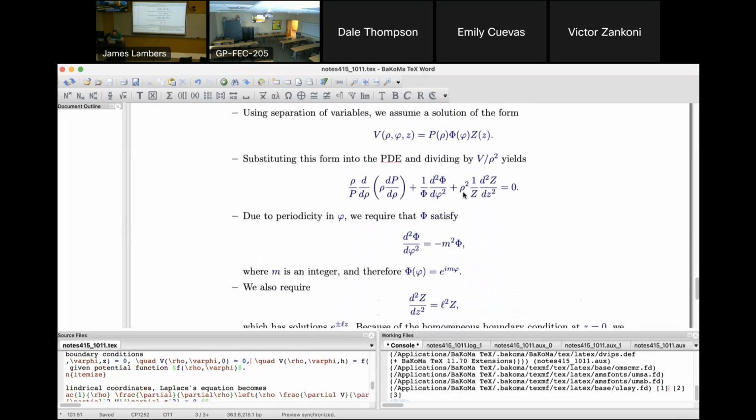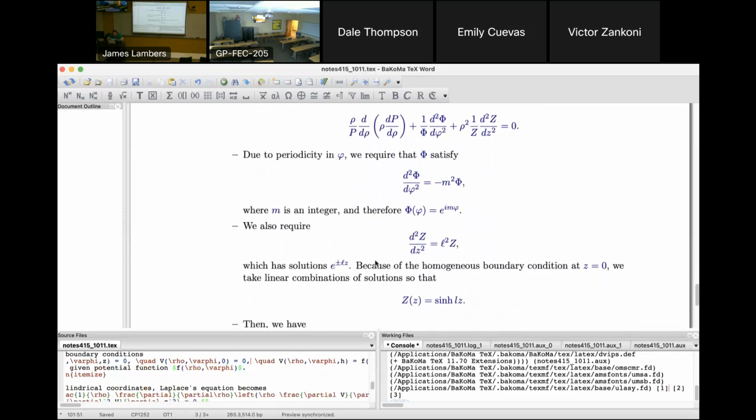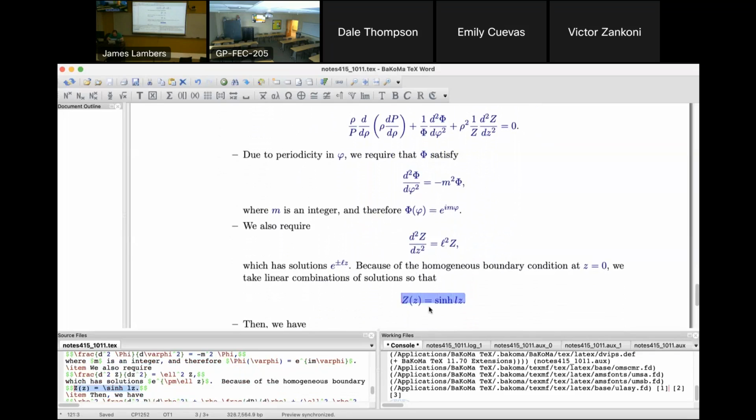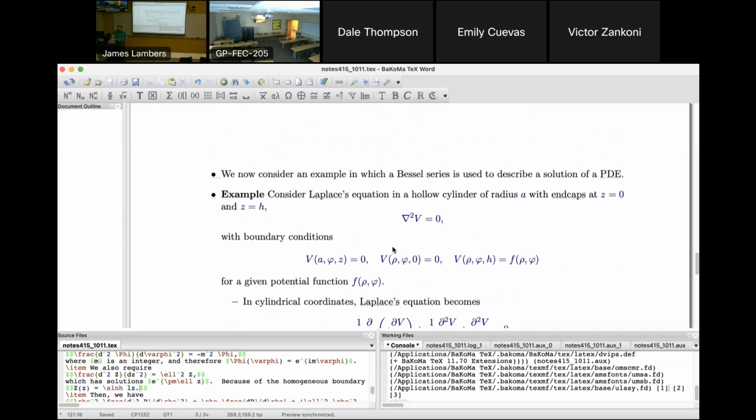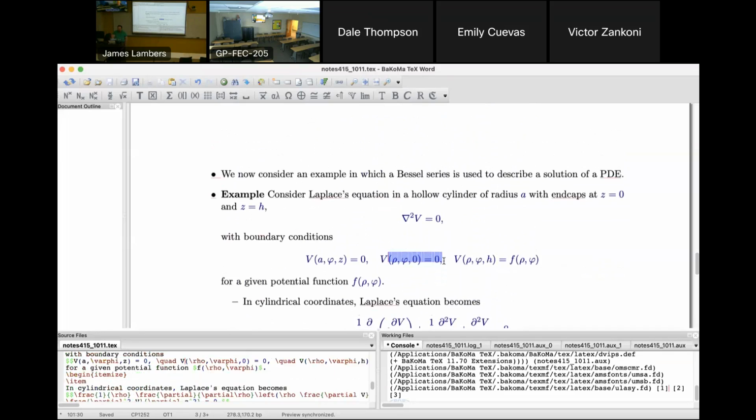So we describe our solution to be linear combinations of e to the LZ and e to the minus LZ. We subtract them, so really we can describe capital Z as a hyperbolic sine. The reason for that is if I substitute little z equals 0 in here, I'll get 0. Therefore, this boundary condition will automatically be satisfied.